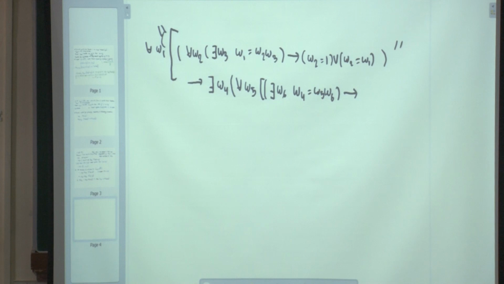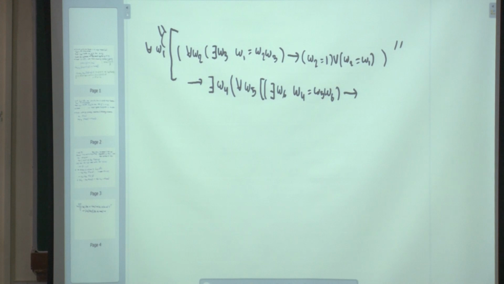Yes, please. Then it should be there exists W2, W3. No, this should be true for all A that divide P. So for all W1, for all W2.